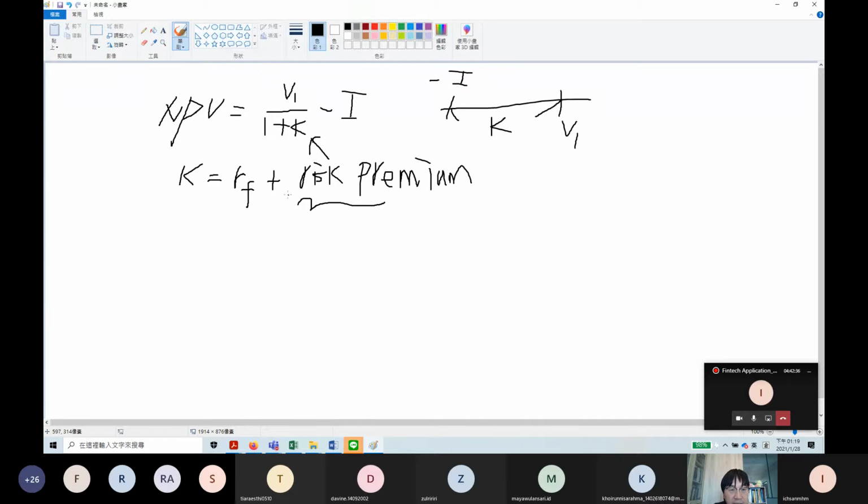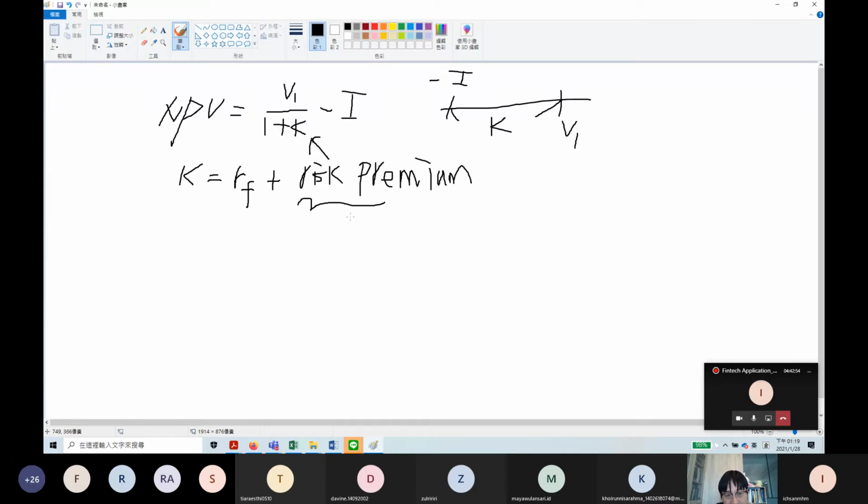In other words, you have to pay more return to attract investors to invest their money in your project. So how do we calculate the risk premium?